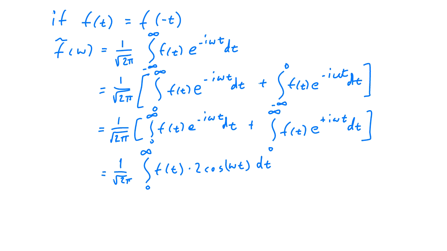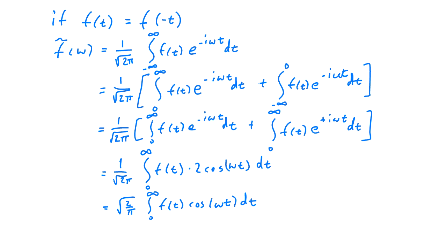So this integral becomes the square root of 2 over pi, times my integral from 0 to infinity, f of t cosine omega t dt. And so this is a cosine transform as opposed to a sine transform or an exponential transform. And you could do the exact same thing for odd functions.